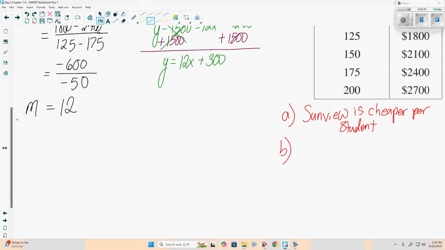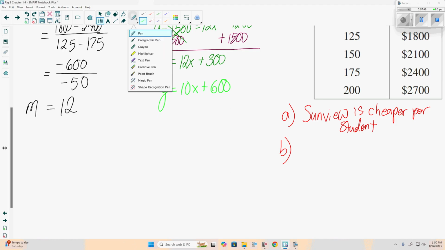Now this gives us a way to relate the two equations. I wrote the other equation underneath it. You do not have to do that. But when we're looking at these two equations, the other part of this question is when these two are going to be equal, have the same value.